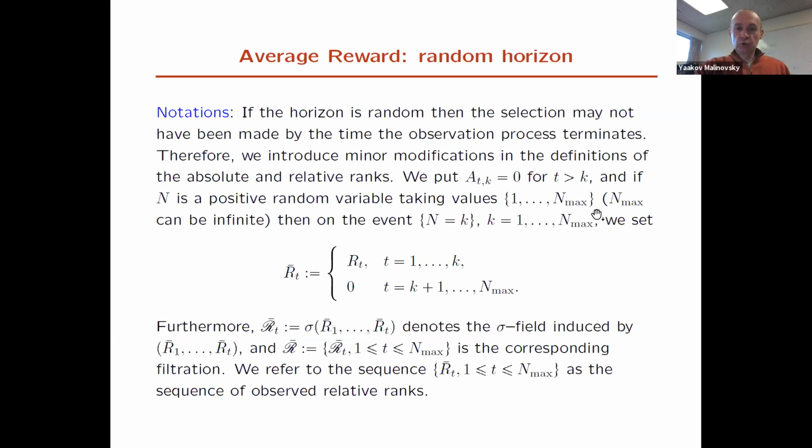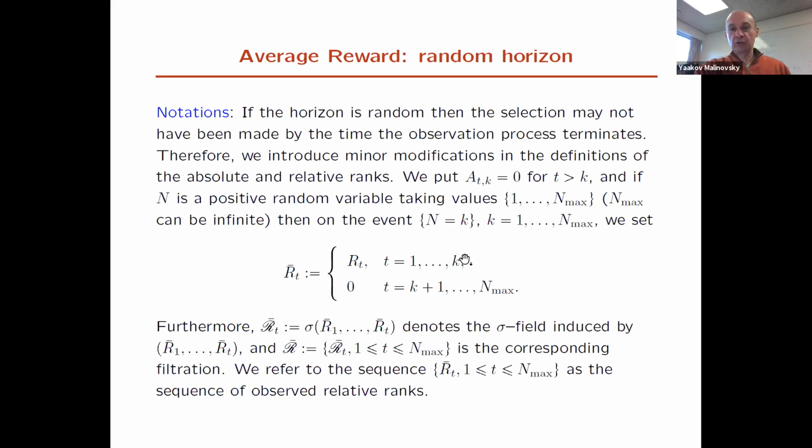And now we need to introduce notation for the absolute and relative rank in the case where the horizon is random. And everything is related to the event n equals k. So if the number of candidates equals k, on this event we put absolute rank equal to 0 if time is more than k, because it's impossible.